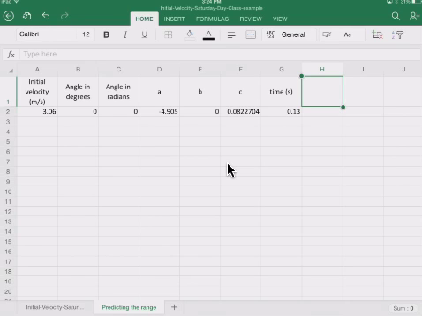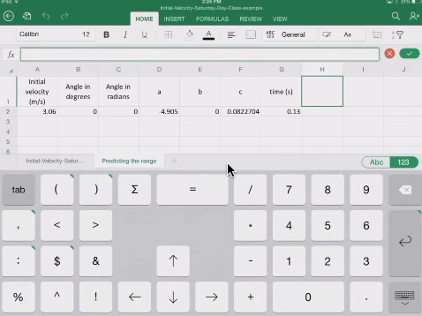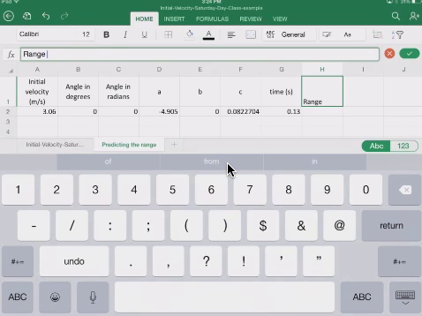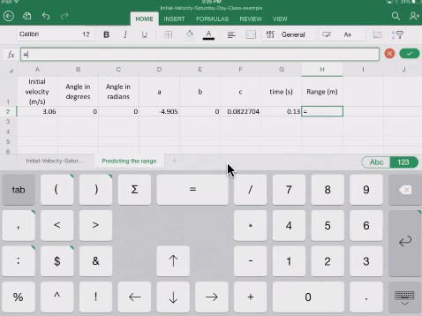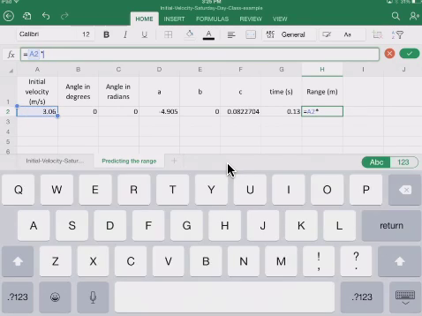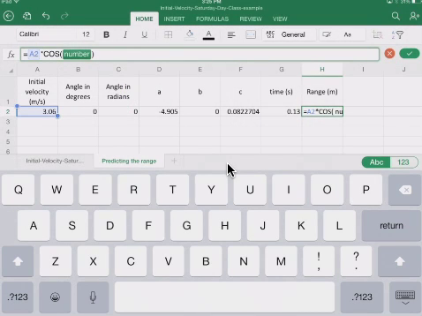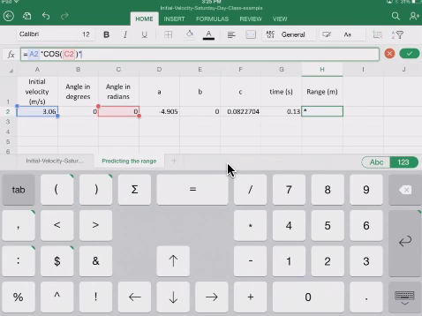So the range in meters is going to be equal to the initial velocity times cosine of the angle at 0 degrees times the time of flight.